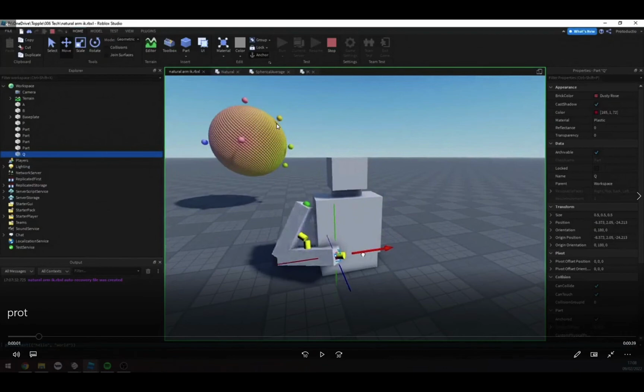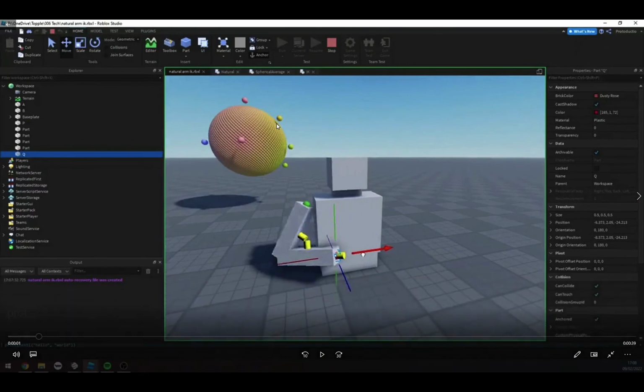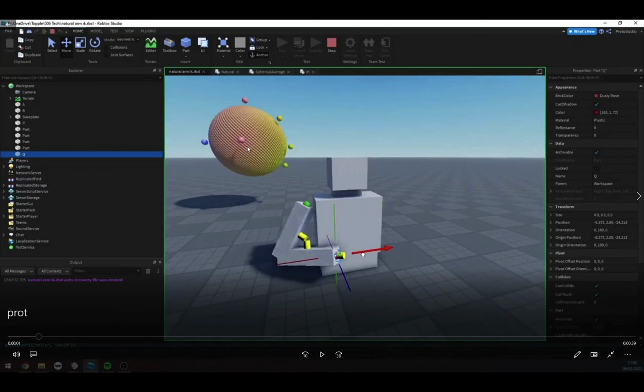Depending on where your shoulder is looking, it tries to find a best angle by doing a weighted sum of these predetermined angles.